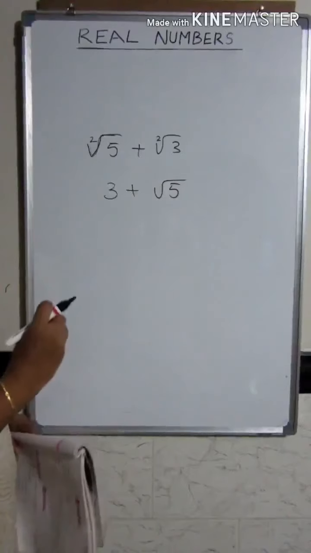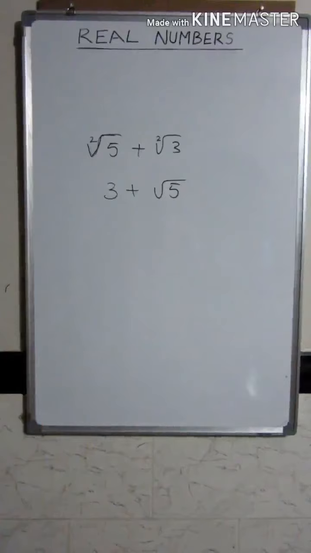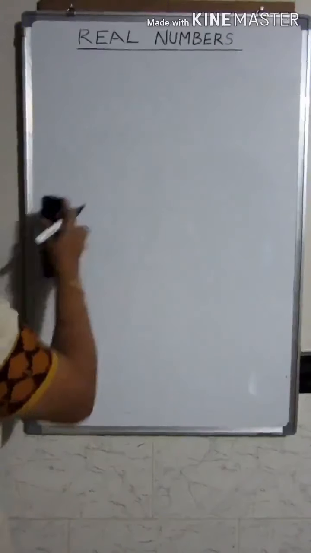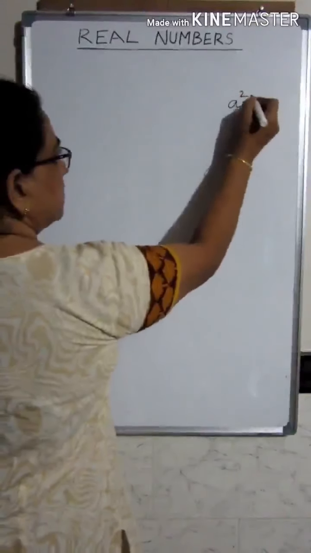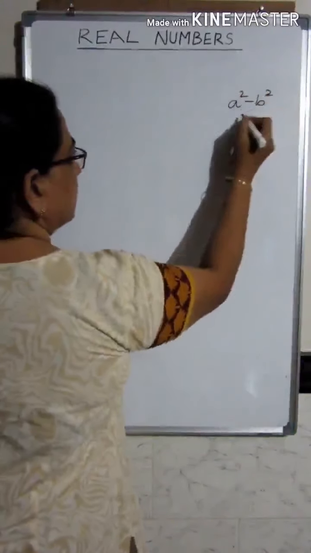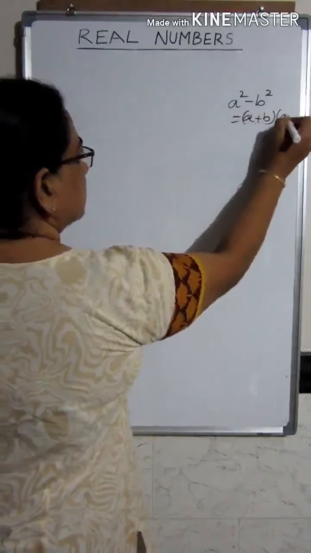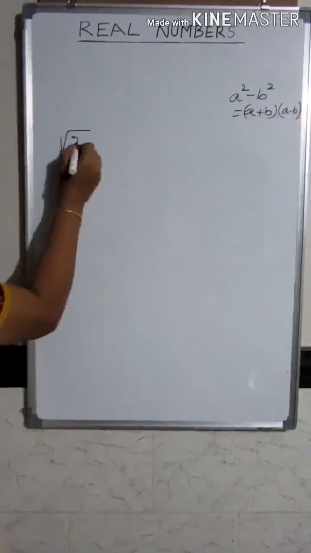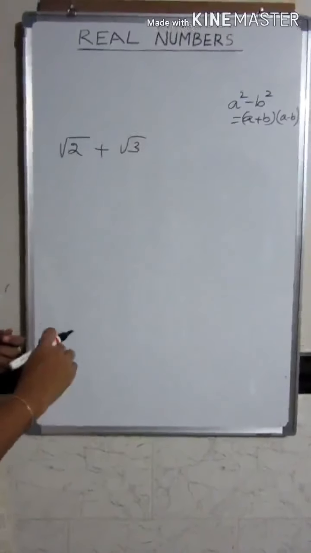Now how to find the rationalizing factor for a binomial quadratic surd? You just recollect the formula: a square minus b square is equal to a plus b into a minus b. Take the binomial quadratic surd root 2 plus root 3 as an example.